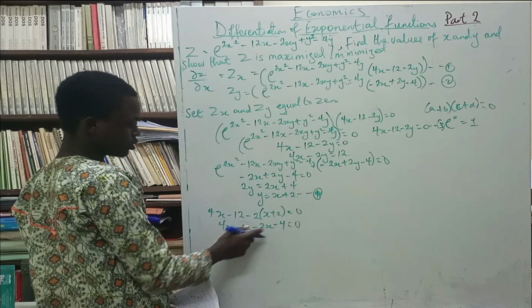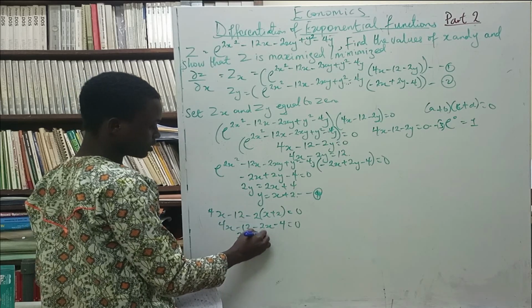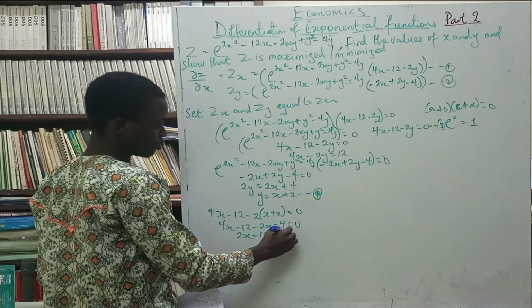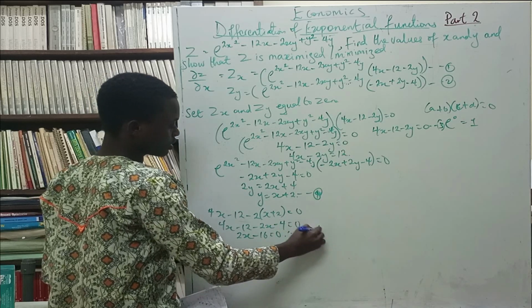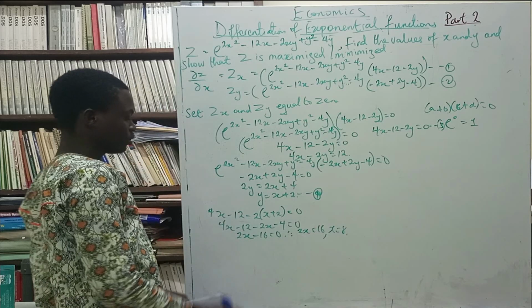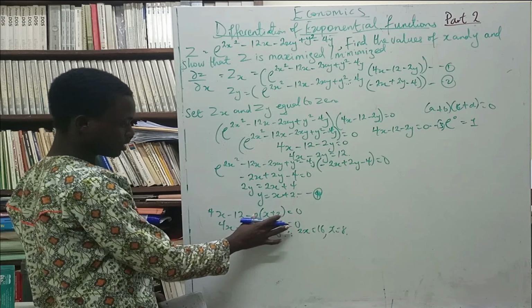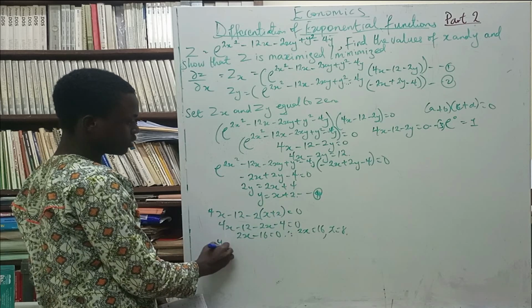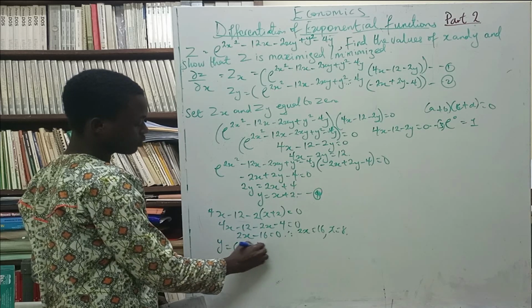So 4x minus 2x is 2x, and minus 12 minus 4 is minus 16, equals 0. So 2x equals 16, and then x equals 8. If x equals 8, the value of y is x plus 2, so y equals 8 plus 2, and y equals 10.